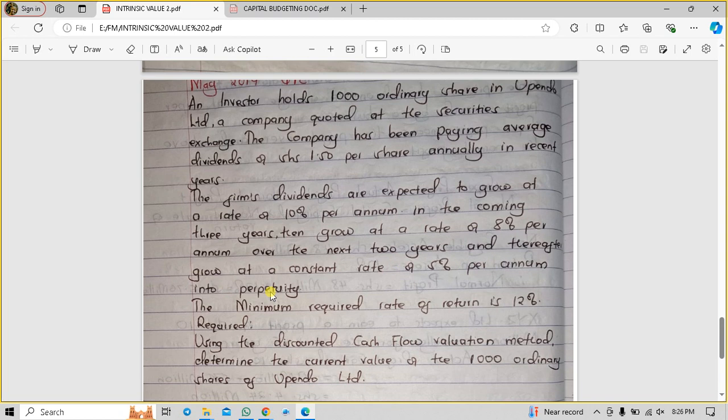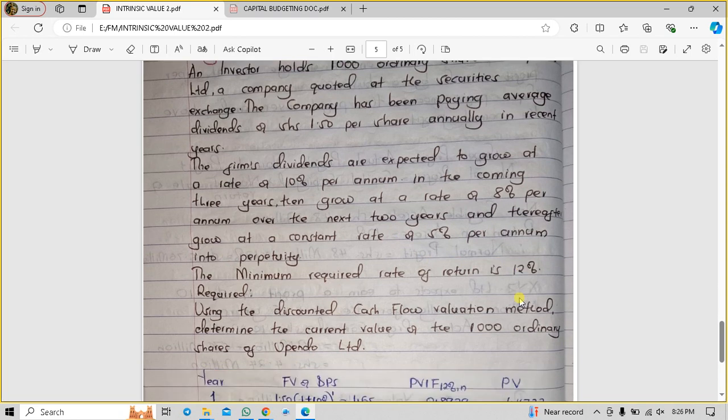So we have 3 years, then 2 years, then perpetuity. The required rate of return is 12%. Using the discounted cash flow valuation method, determine the current value of the 1,000 ordinary shares of Upendo Limited.